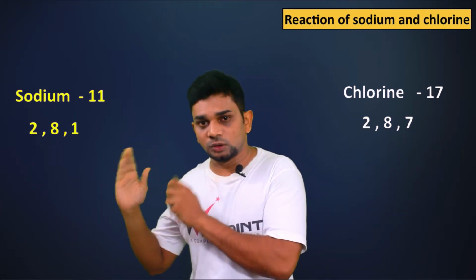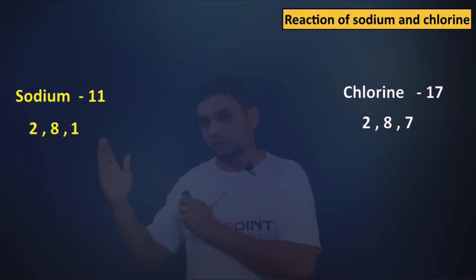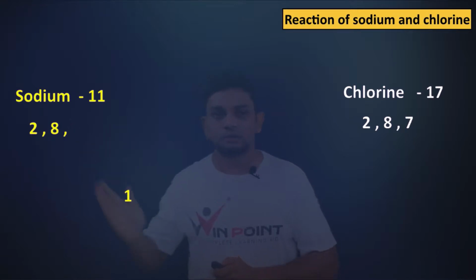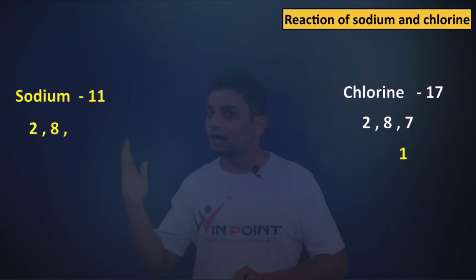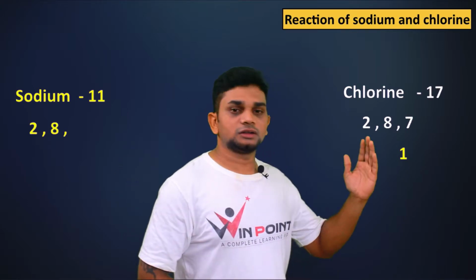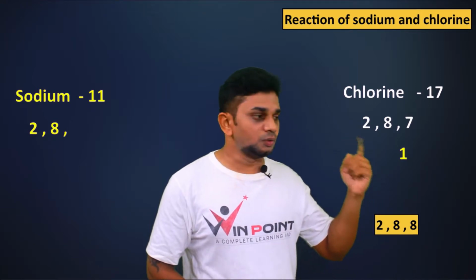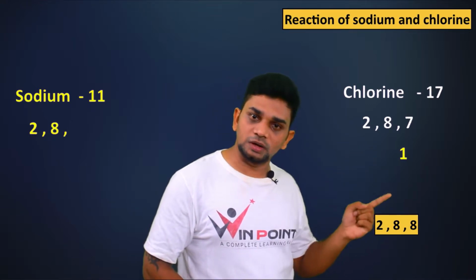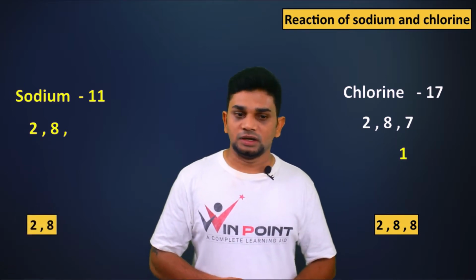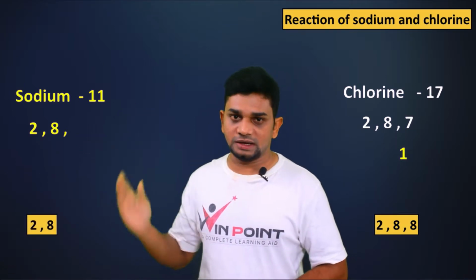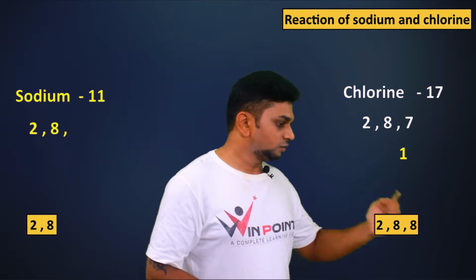If the sodium transfers this 1 electron from its atom to the chlorine atom, sodium now has 8 electrons in its outermost shell. Chlorine also has 8 electrons in its last shell, because 2,8,7 plus 1 electron from sodium gives 2,8,8. Now both atoms are stable. The electronic configuration of the sodium ion will be 2,8 and that of the chloride ion will be 2,8,8.